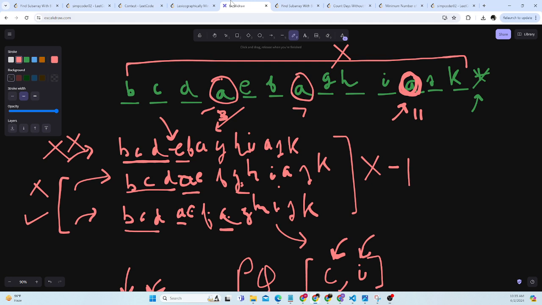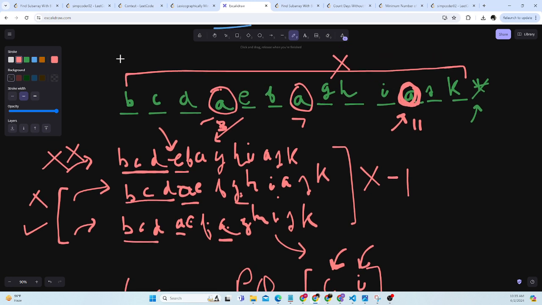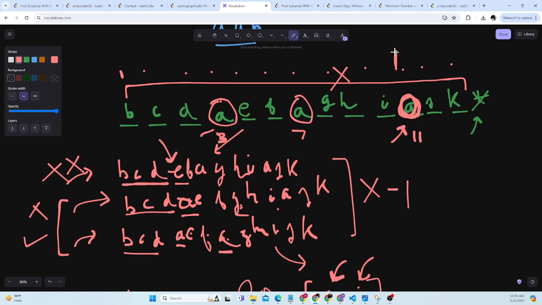All these indexes will be marked as false, meaning they were not seen. Whenever we are popping any element, we'll set this to true. Whenever a star came, we'll set this star to true and this index to true. True means they were removed.